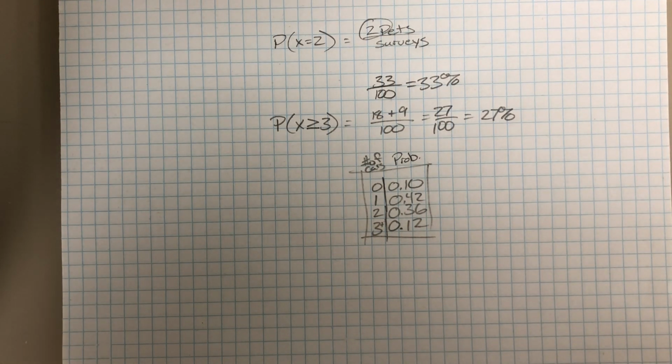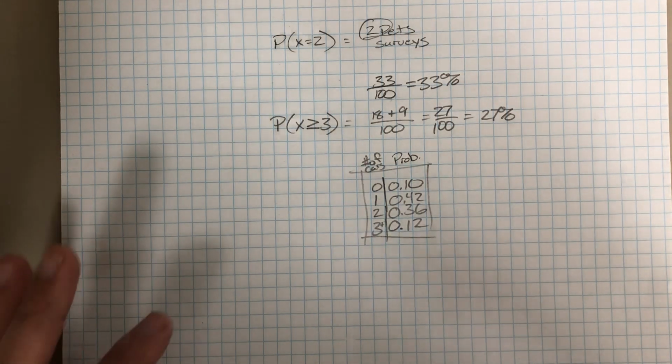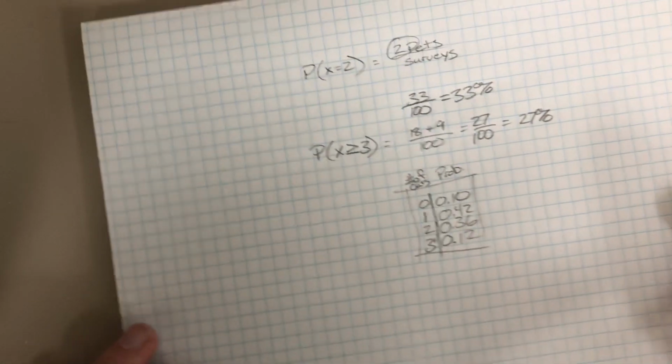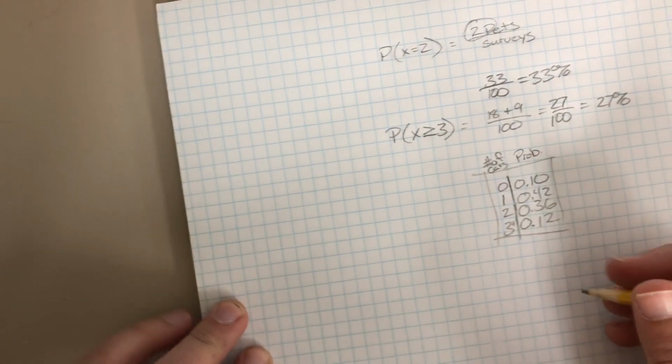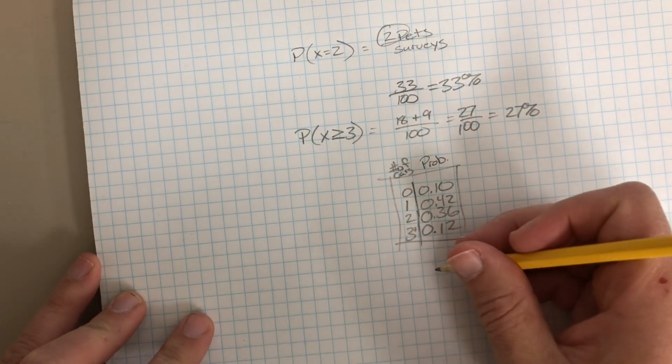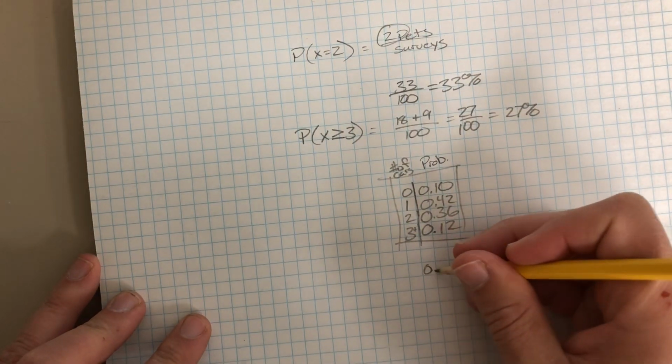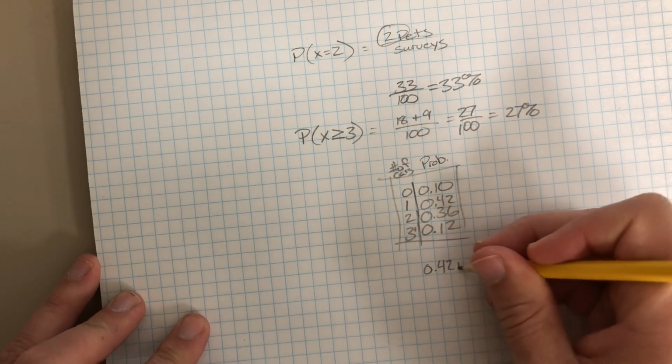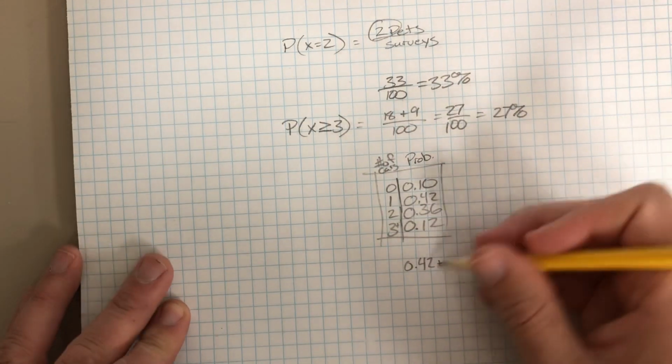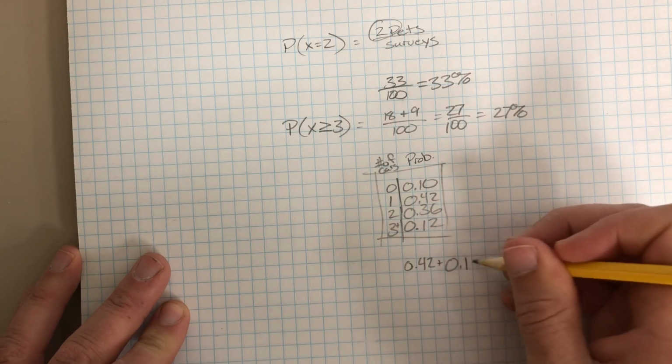Okay? Now, if we look at part B, what is the probability that a household has fewer than 2 vehicles? Fewer than 2 vehicles. So that means they either have 1 vehicle or 0 vehicles. Well, the probability that they have one vehicle is 0.42, plus the probability that they would have 0 vehicles is 0.10.